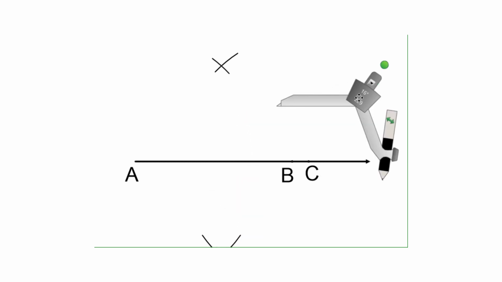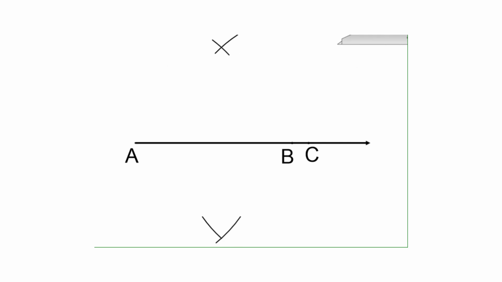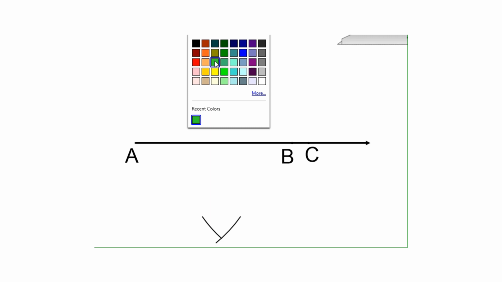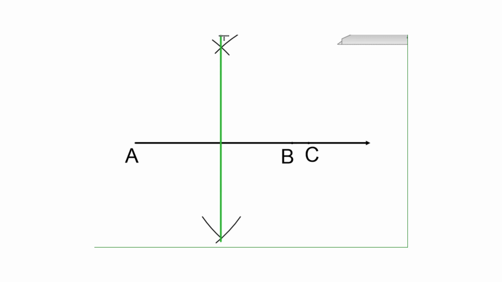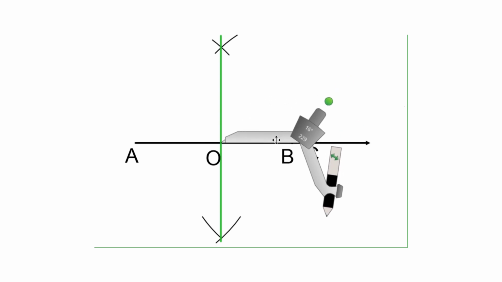Now we have to join these points using a line, in any other color we can take here. Name this point as point O. Now taking O as a center and OA as a radius, you have to draw one semicircle here.